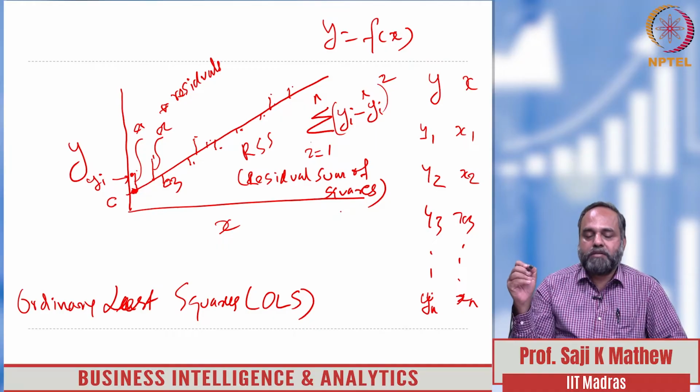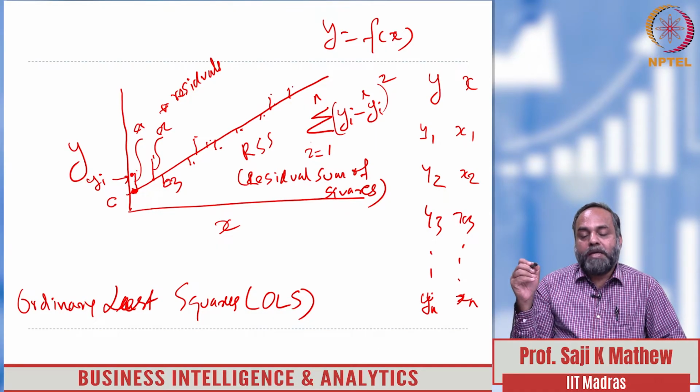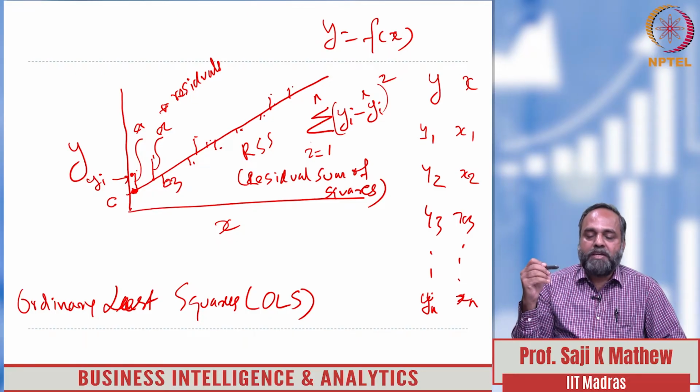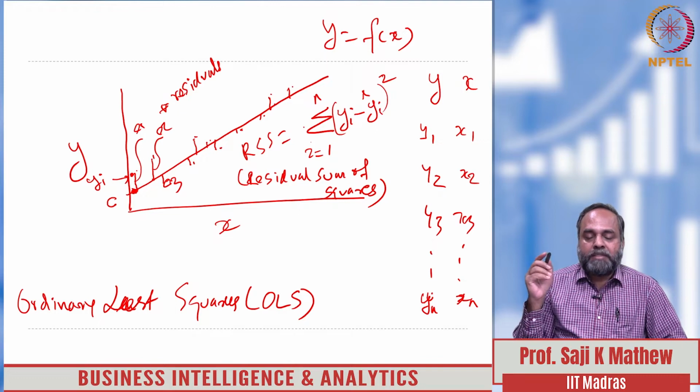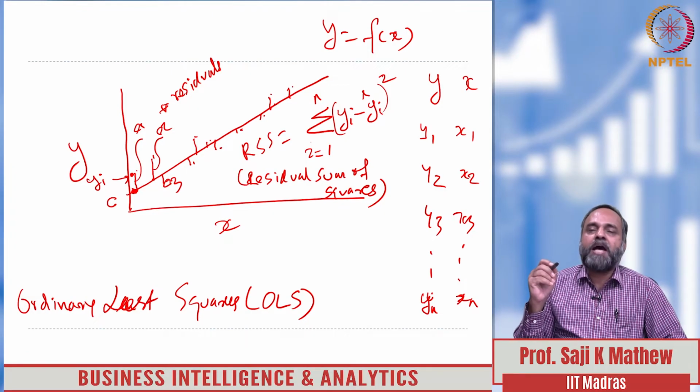So what is desirable in a linear model like this is that the model should be estimated such that the RSS is minimum, or the best fit for this data is that line which has the minimum RSS. You can now see that it is a minimization function: the values of B and C have to be estimated such that RSS is minimized.